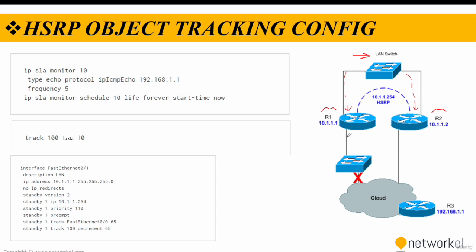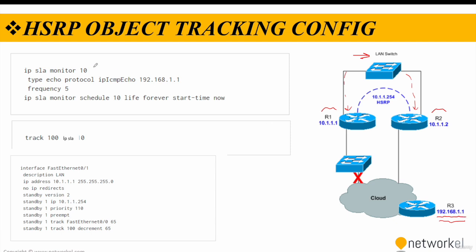And then there is one more switch connected to here, and this one is connected to the cloud, and I have one remote router which is 192.168.1.1. Okay, so what I'm doing really in here is, first I am defining an IP SLA to keep track of this IP address of router 3.